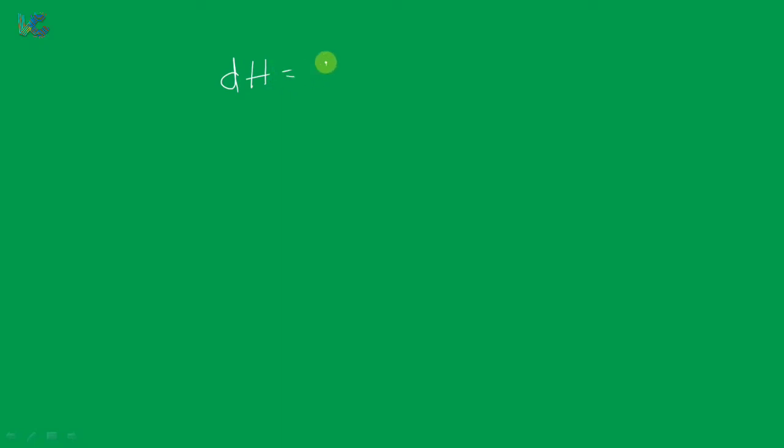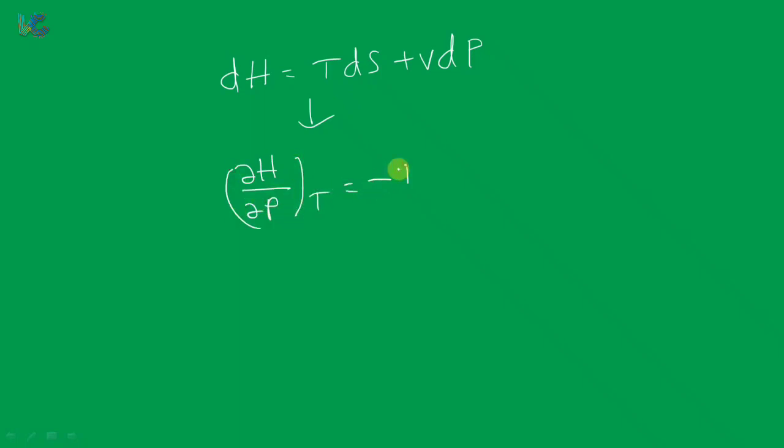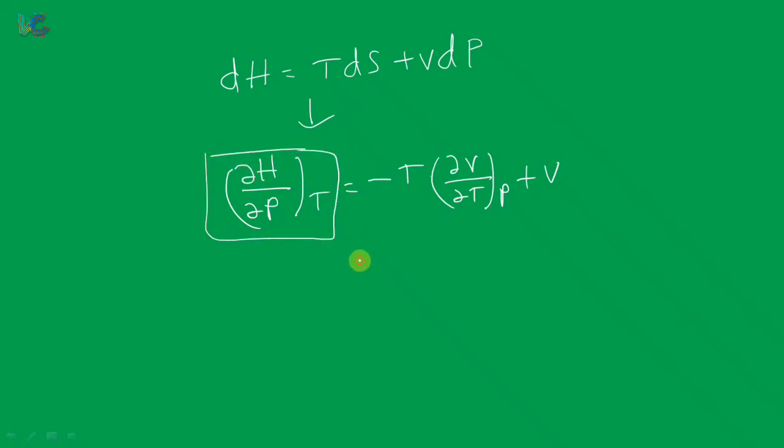Okay. So now, if you summarize today's lecture, at the very beginning we derived the expression dH is equal to TdS plus VdP. Then from here we derived this equation: del H del P at constant T is equal to minus T into del V del T at constant P plus V. And the value of del H del P at constant T for n mole of ideal gas, for P into V minus nb equal to nRT, and for van der Waals gas we have seen the value.